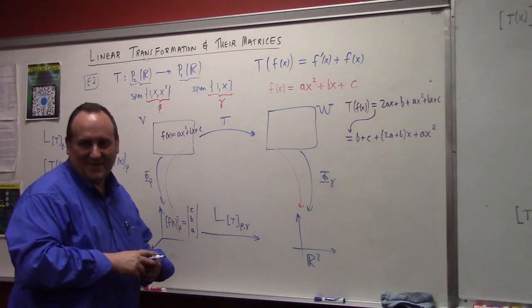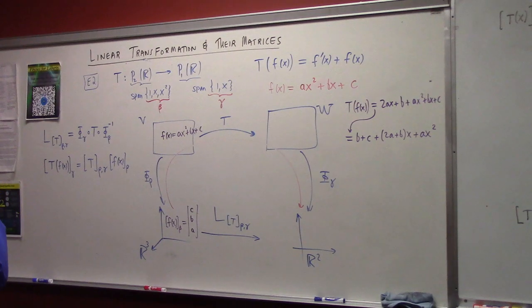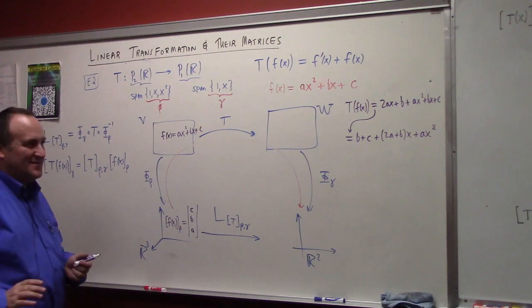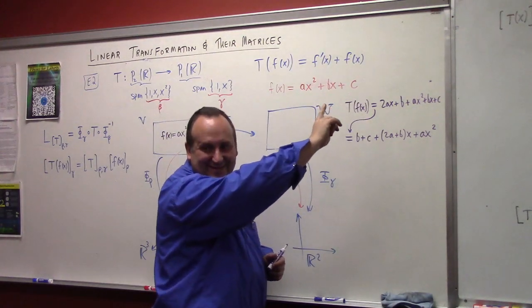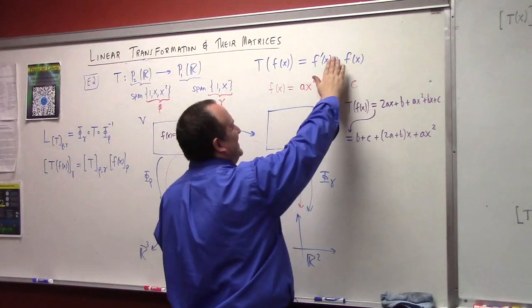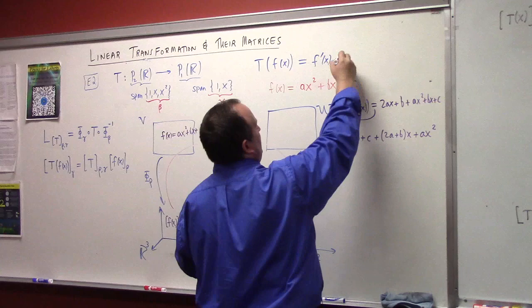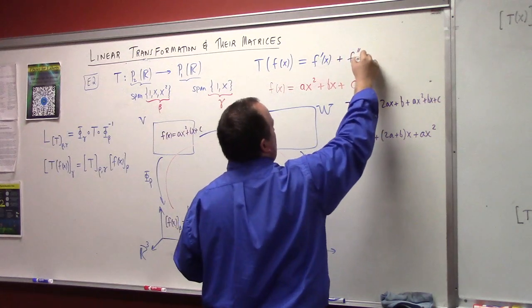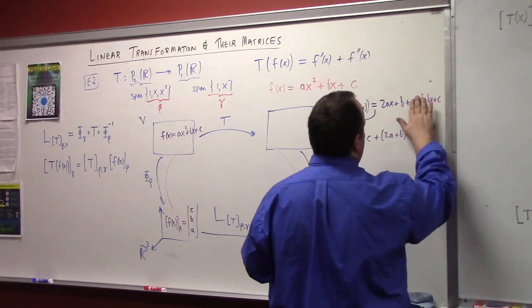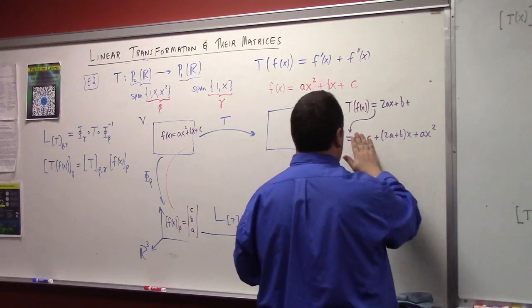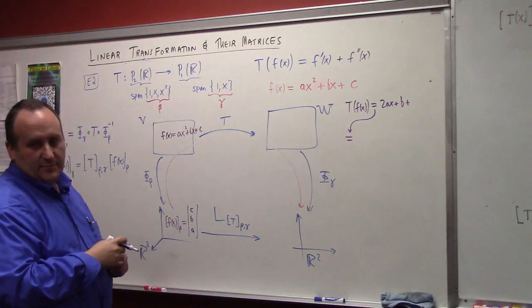So is this problem well defined? This has got to go because that is not in P1. So you know what? Instead of putting f there, let's put f prime prime of x there. Now that's more exciting. Okay. All right. So f prime prime of x just gives you what? Plus 2a, right?